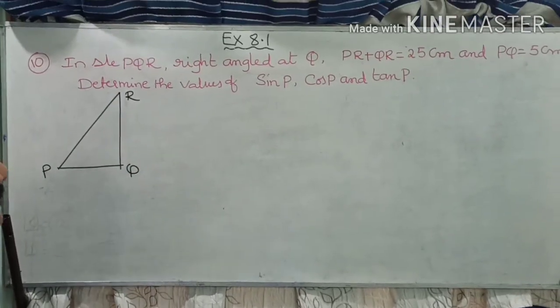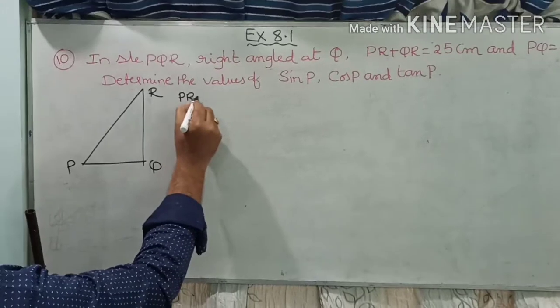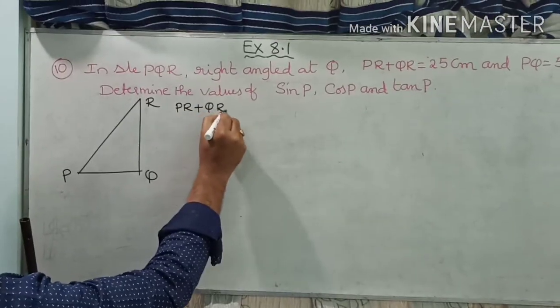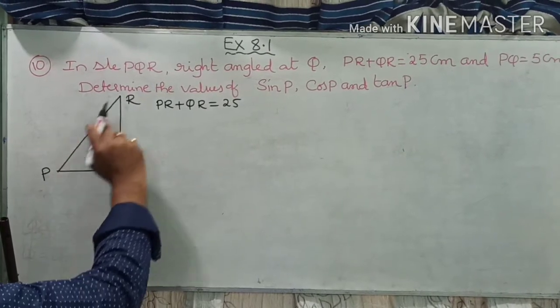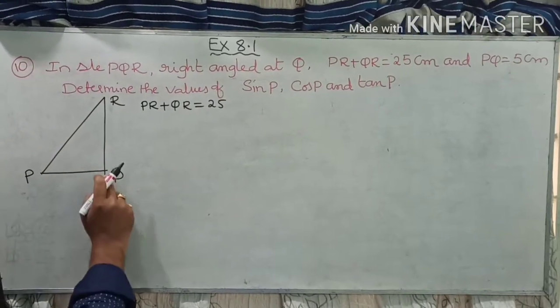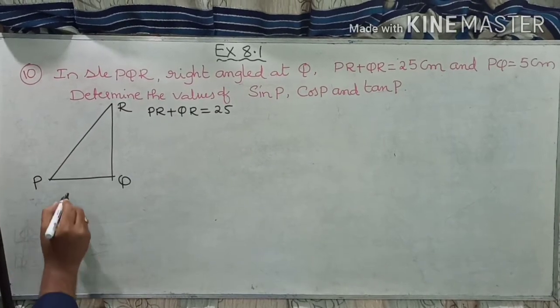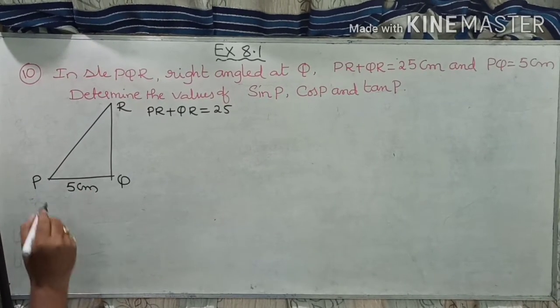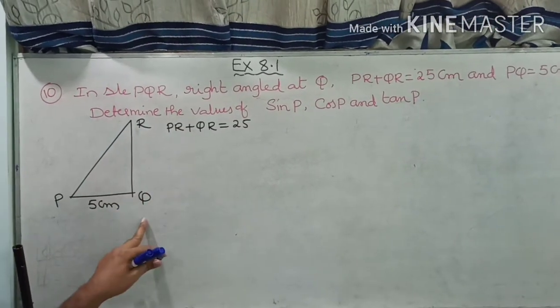First condition they have mentioned: PR plus QR equals 25. In this, PR is the hypotenuse, QR is a side, and one more they have given, PQ equals 5 centimeters. What we don't know here is QR.